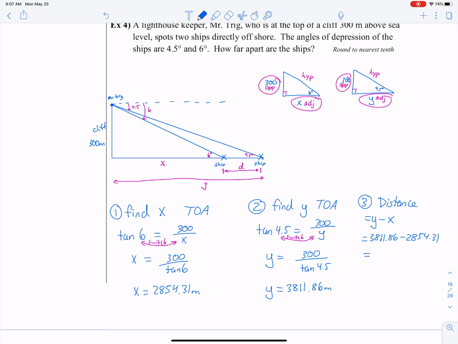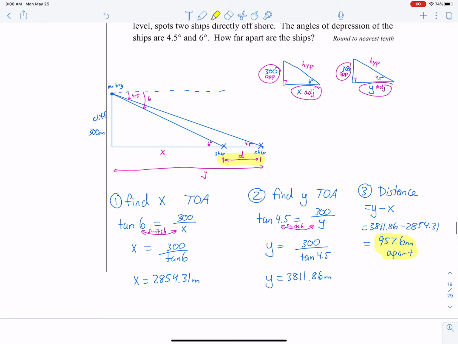And when I do that subtraction, I get 957.6 meters apart as the final answer. So this distance here is 957.6 meters.